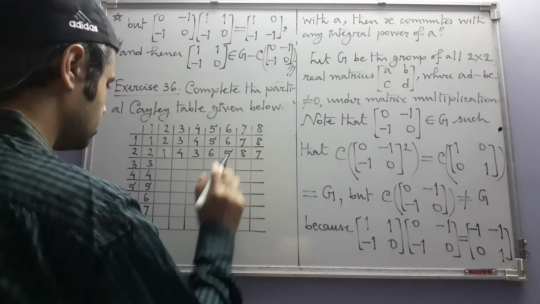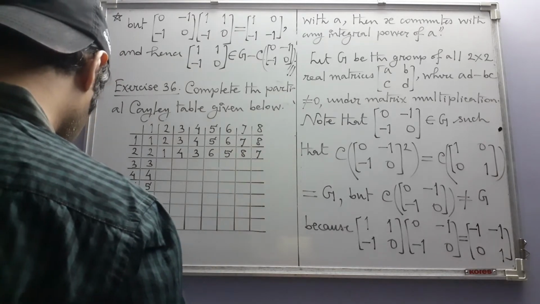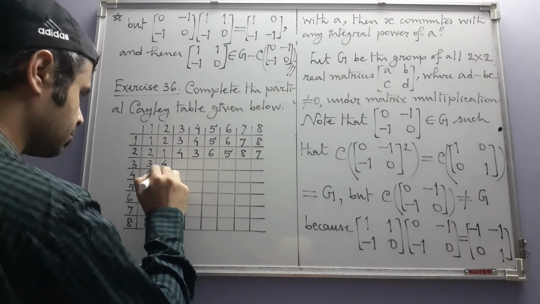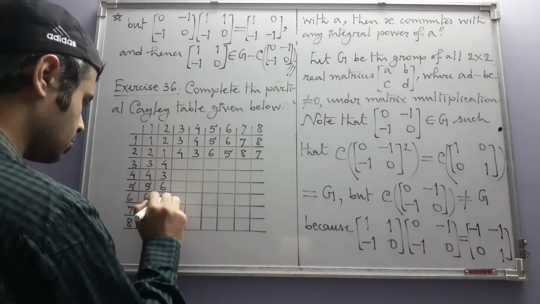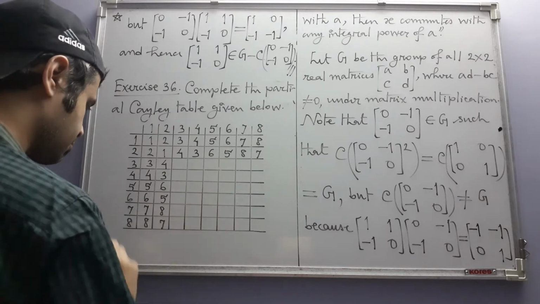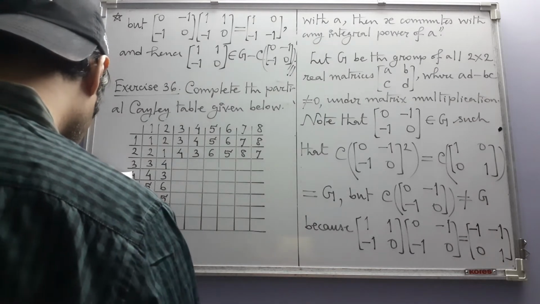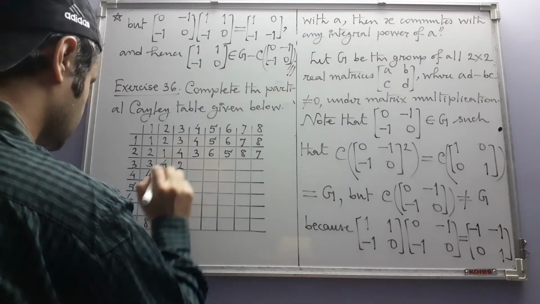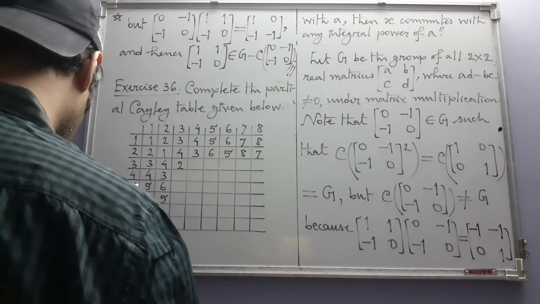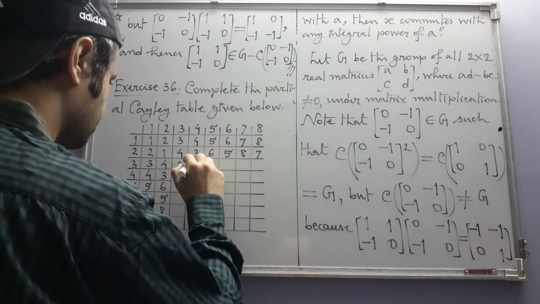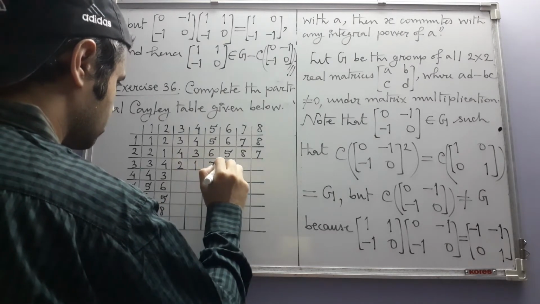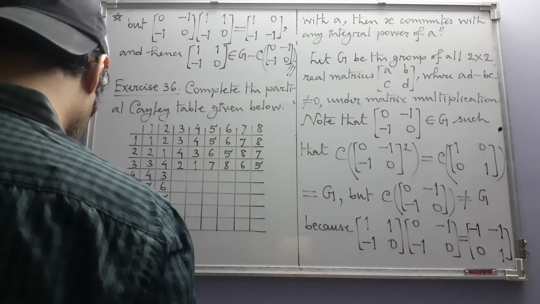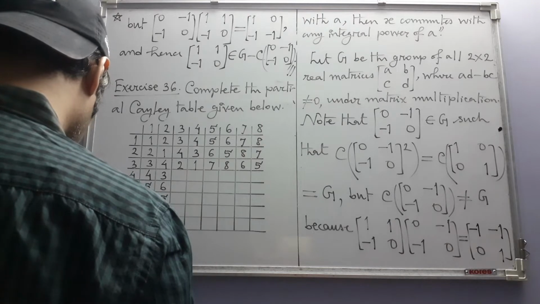Okay, 4 3 6 5 8 7. Then 2. 1 7 8 6 5. 2 7 8 6 5.